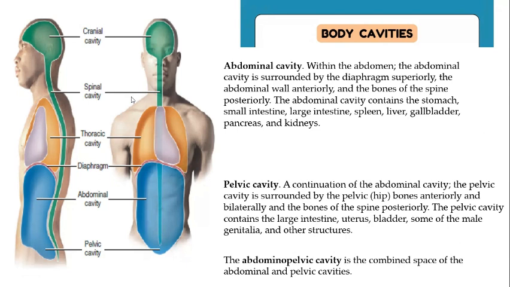Basically, the functions of the abdominopelvic cavity are to fill the lower half of the trunk and to hold the digestive organs. That's particularly the abdominal cavity. It helps to hold the digestive organs and the kidneys, while the pelvic cavity helps to host the reproductive organs and organs of excretion.